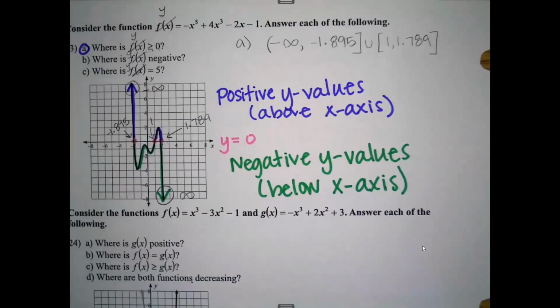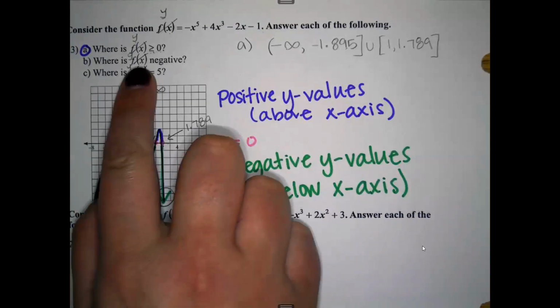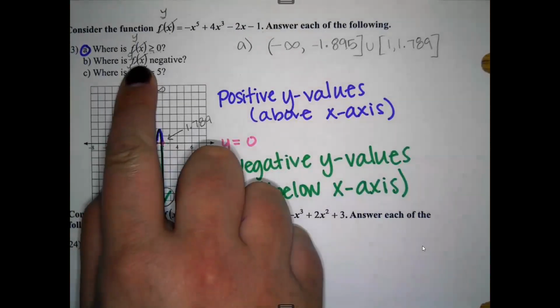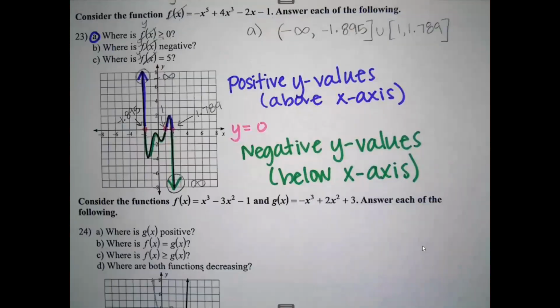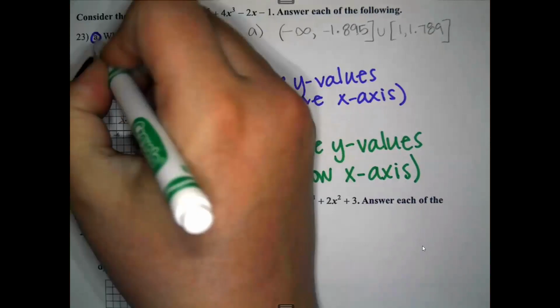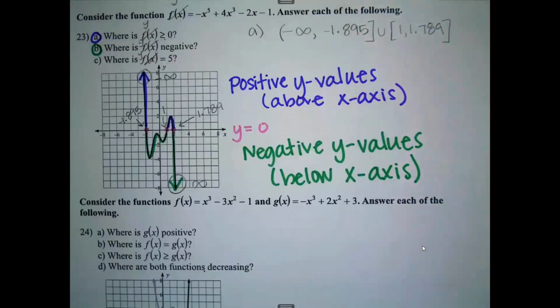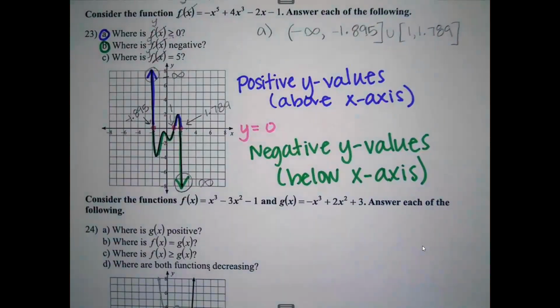All right, let's do the other answer. The other answer says, where is f of x negative? So which one are we using this time? The green. We're using the green this time.